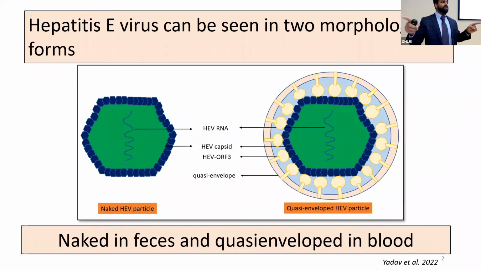The natural transmission route is through contaminated food or contaminated water. So you may have guessed the virus is excreted in the feces. In the intestine, the digestive juices destroy the outer coating of the virus. That's why in the feces we have the naked virus. In the blood, we have the virus with the outer coating, which is referred to as quasi-envelope.